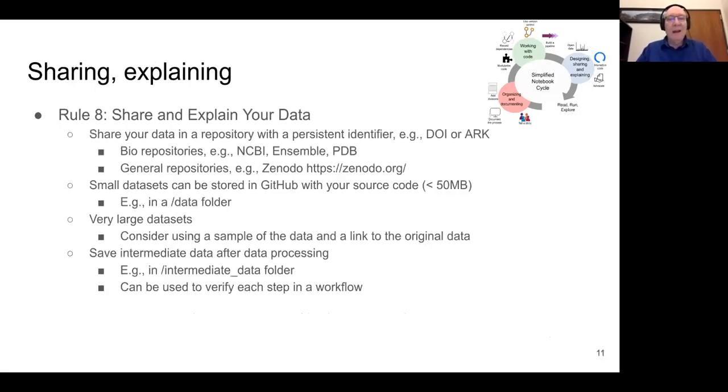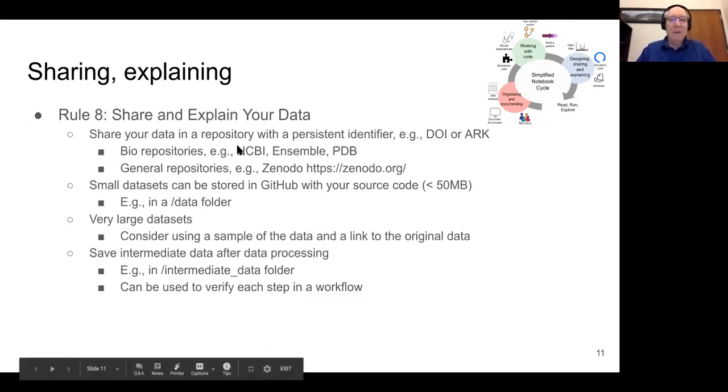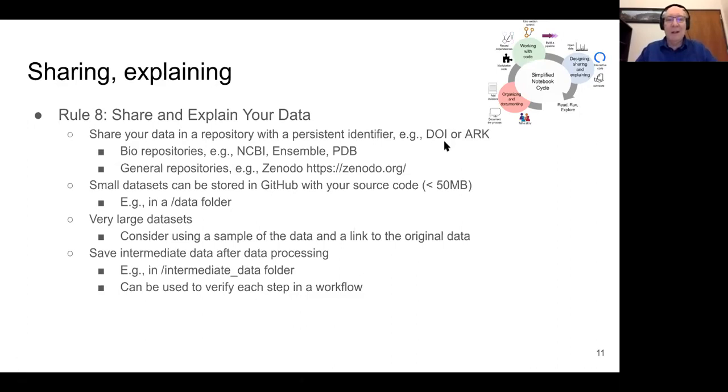Okay, so finally, now that we have our code all under version control, we have all our dependencies defined, now we want to share our notebooks, but there's one more thing we need to do. We also need to share and explain our data here. So if you have data that should go into public repositories like NCBI, Ensembl or PDB, etc., you should really try to put them in those repositories and refer to them by a persistent identifier such as a DOI.